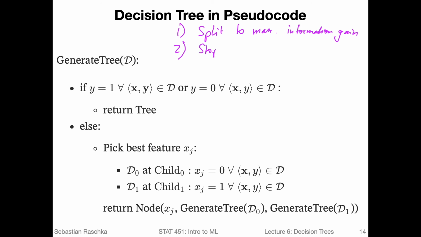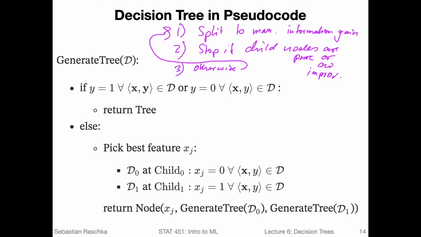So stop if child nodes are pure or no improvement can be made. And otherwise, if we don't stop, we go back to step 1.